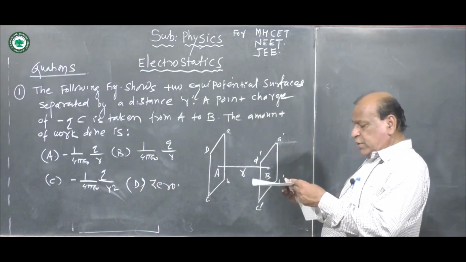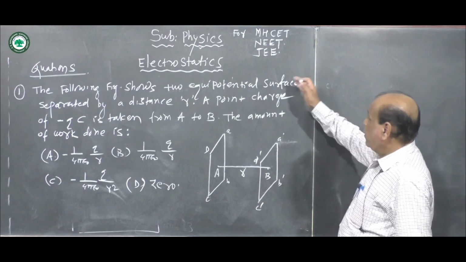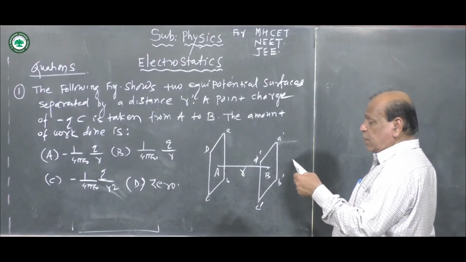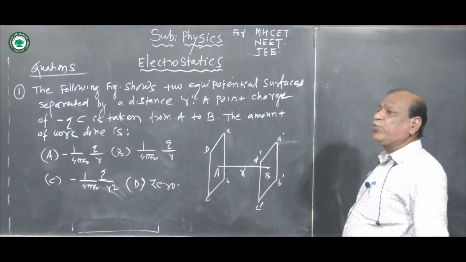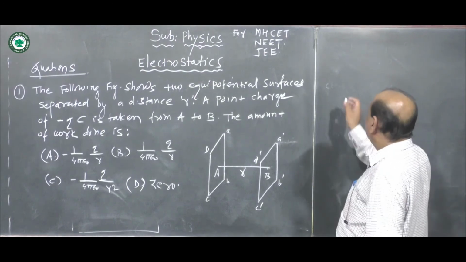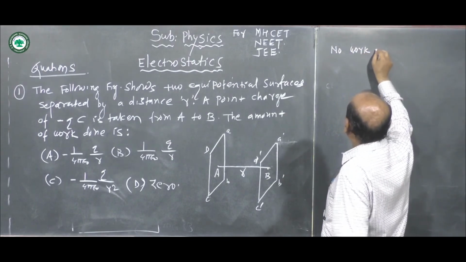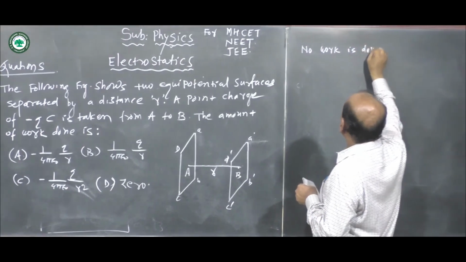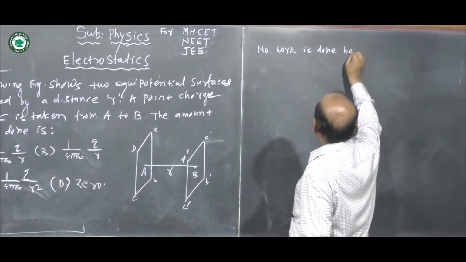Take the basic idea for this electric work: if these two surfaces are equipotential, then there is no work done between two equipotential surfaces.